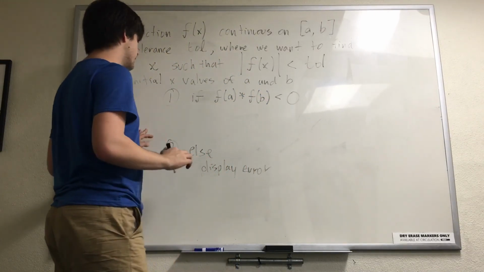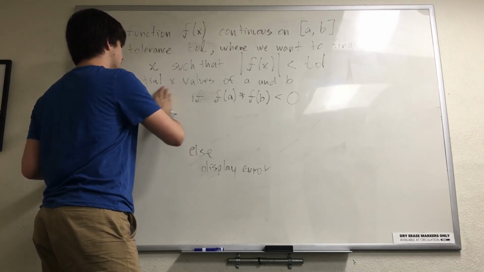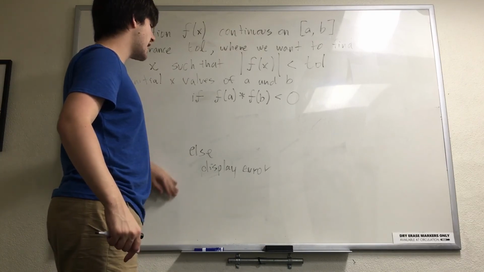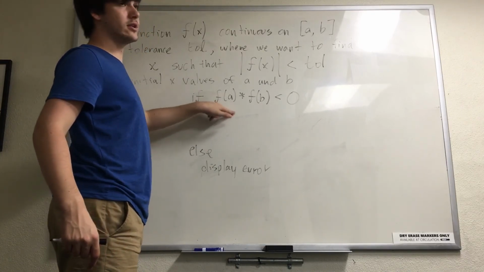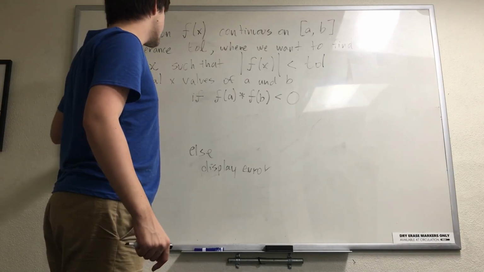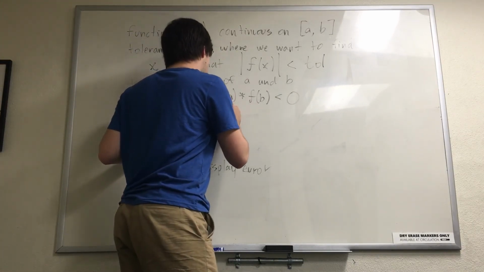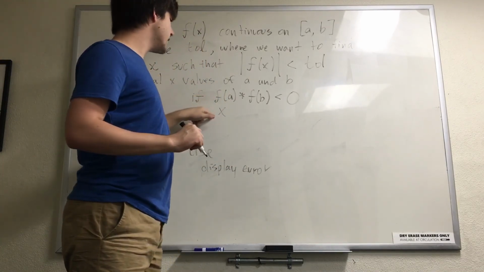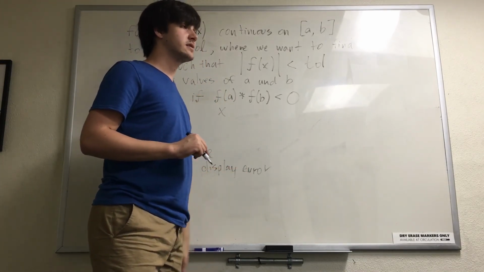Okay, then within here, I'm not going to number these steps. Within here, you basically can just look at how we will improve a and b. So we have some initial value of x, and this isn't the final x, but when we're done, this x will be our final x.